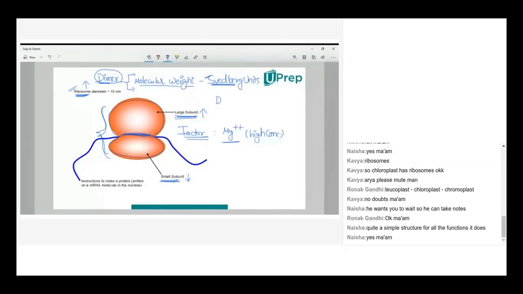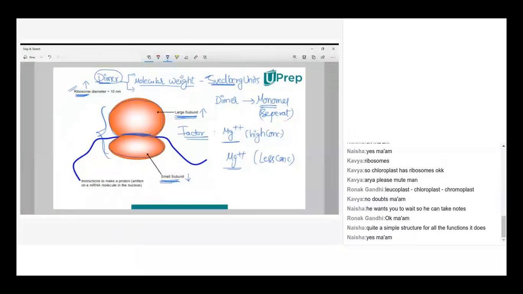Sometimes the dimer may change into a monomer. The larger subunit and the smaller subunit may get separated. Separate monomers may happen when the magnesium ion concentration goes down.